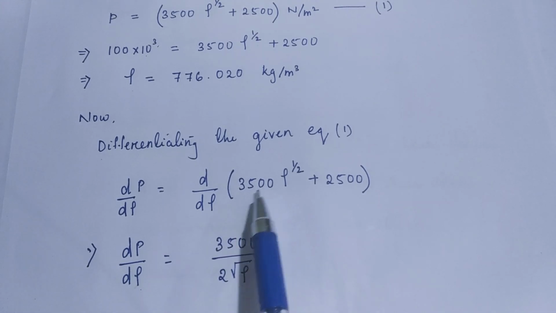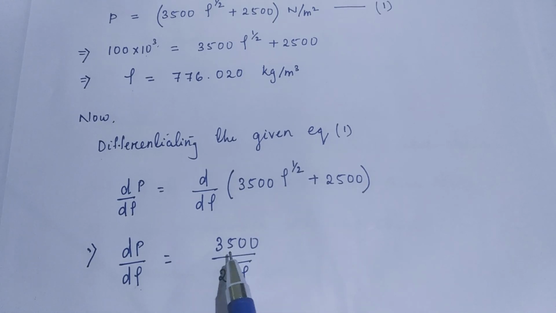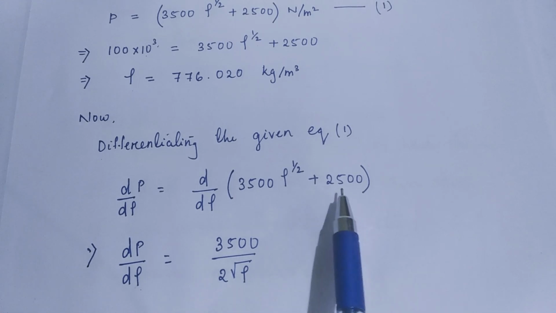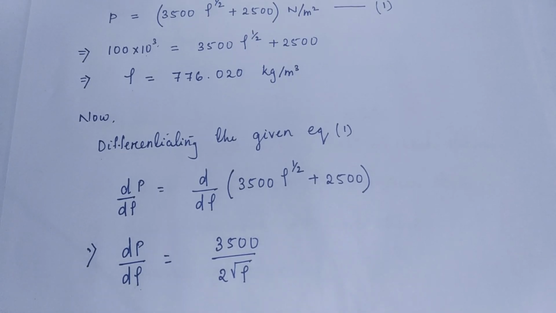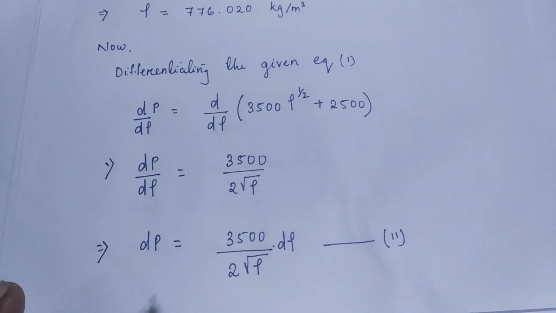If you differentiate this with respect to rho, we get 1 by 2 into 3500 by root over of rho. And this is a constant term. If you differentiate this with respect to rho, that becomes 0. So here we can say dP equal to 3500 by 2 root rho into d rho.